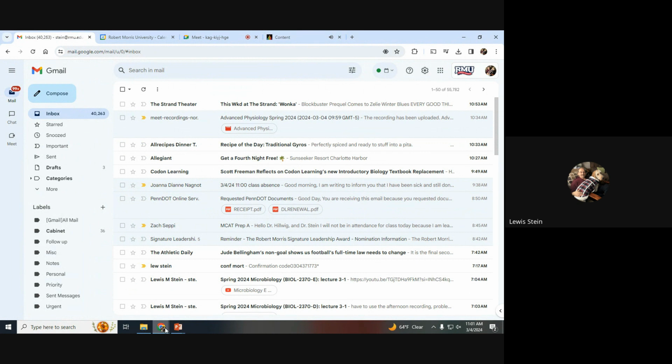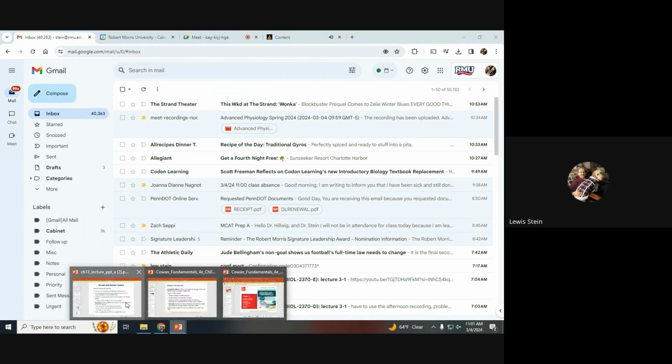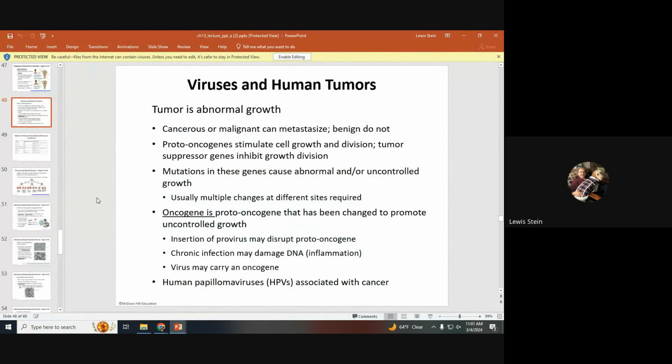We are finishing viruses today. Up on the board, as you can see there in blue, on the far side, if you can't see it, go over and take a picture. This is the nugget with regard to cancer.